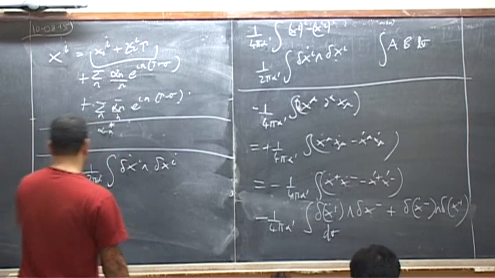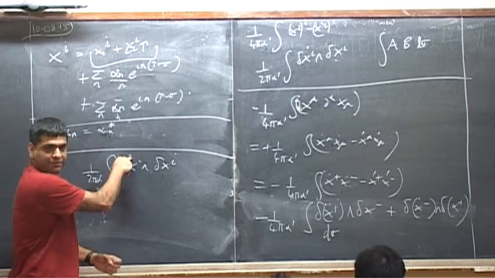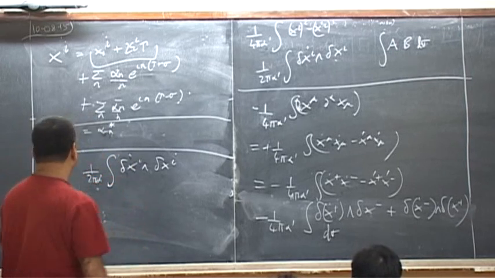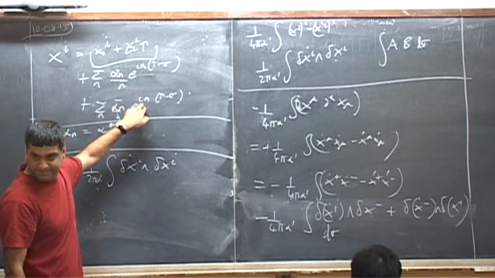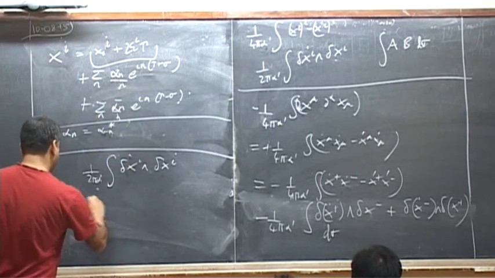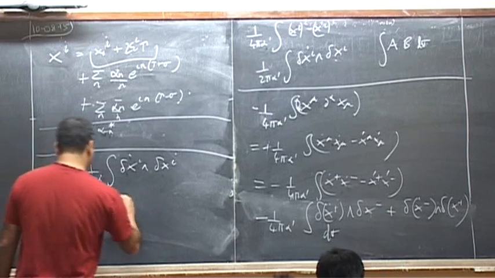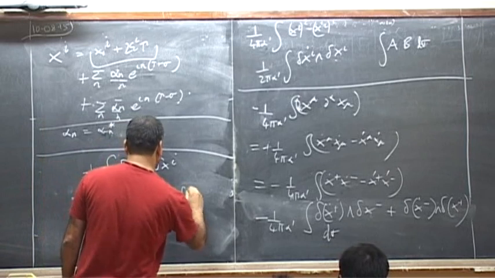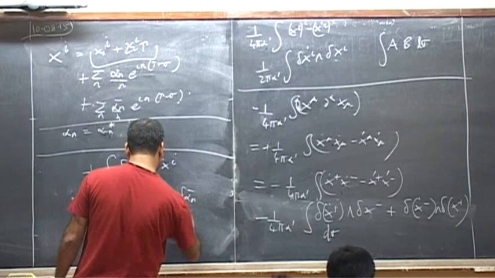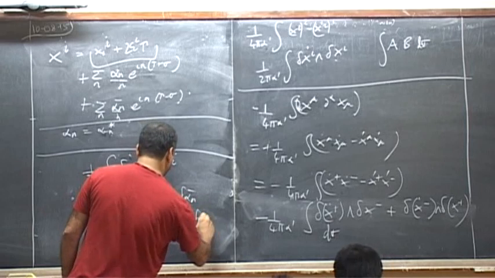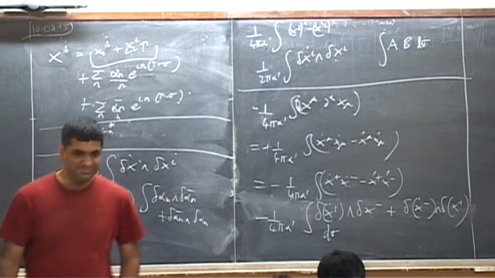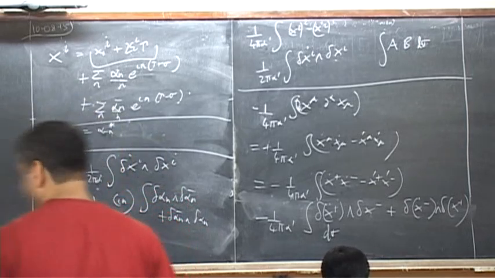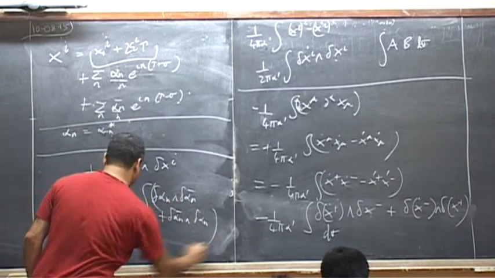So what are these two terms? Each of them takes a derivative, so each of them brings down a factor of i times n, the same n. Okay, so we get 1 by 2π α' times i n times δα_n wedge δᾱ_n plus δᾱ_n wedge δα_n, which is a complicated way of saying 0.